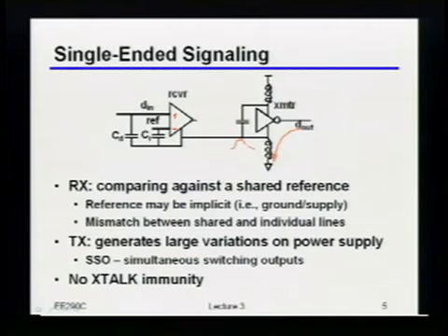So as soon as you share it, there are multiple different return paths, and so obviously you're going to be affected by all of the different links that are sharing that reference, and they're going to affect what exactly that reference looks like. Okay, so it turns out there's no really good way of getting a shared reference that actually matches perfectly. So you almost always end up with some sort of mismatch and therefore some residual interference that you have to deal with if you try to do that.